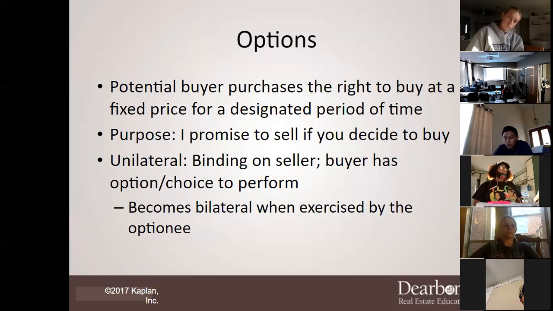It's unilateral, binding only on the seller because the buyer has the option. It becomes bilateral when the buyer exercises the option to purchase the property. So you can live in that property for a while, lease it, and if you like it, I decide I want to buy it. There you go. Now you have the option, because you had an option contract.